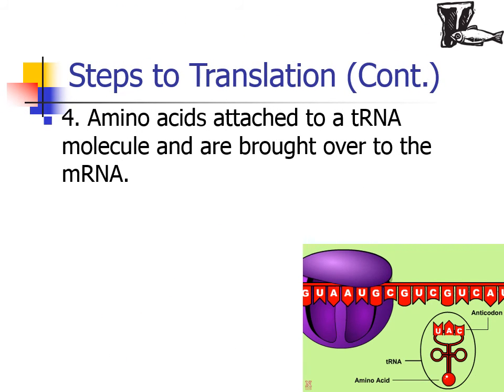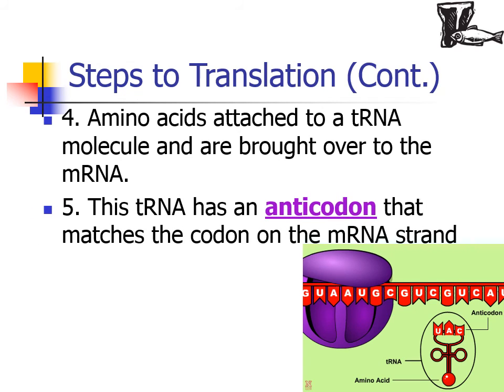After the ribosome has reached the start codon, usually AUG, amino acids that are attached to tRNA molecules are then brought over to the messenger RNA. The tRNA at the bottom of it has an anticodon that is complementary to the codon on the messenger RNA. So you can see the picture at the bottom right.